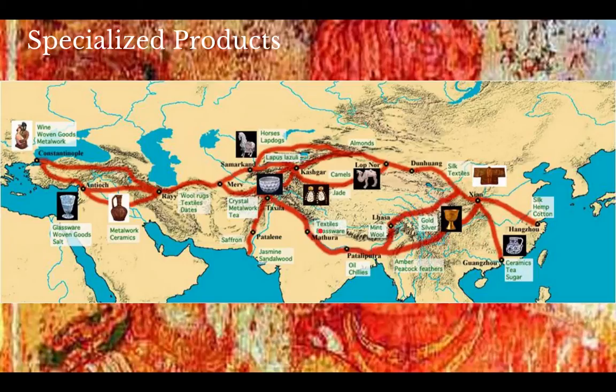So the specialized products coming from India, the most important one, I would argue, would be textiles, right? Fabric. So cotton, of course, comes from India, and from there were textile industries. So they are meticulously weaving this cotton into things like carpets and expensive clothing.